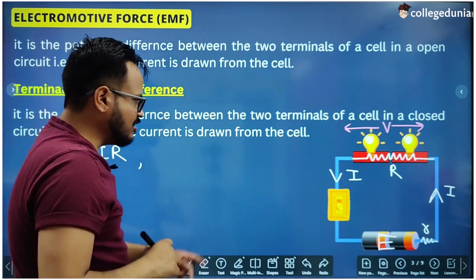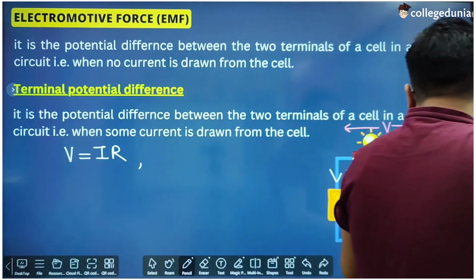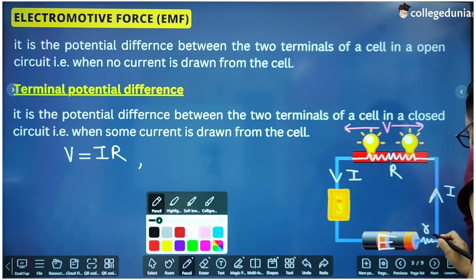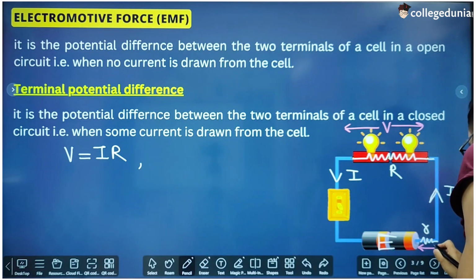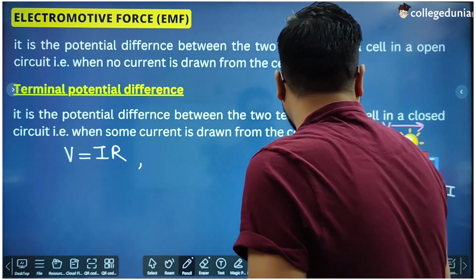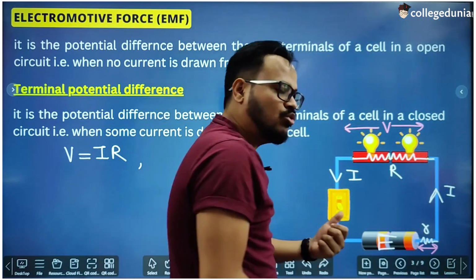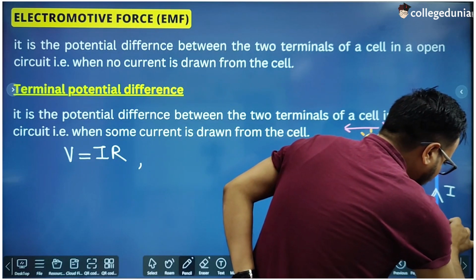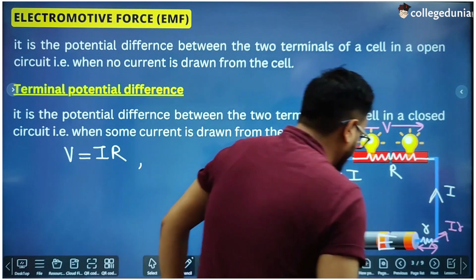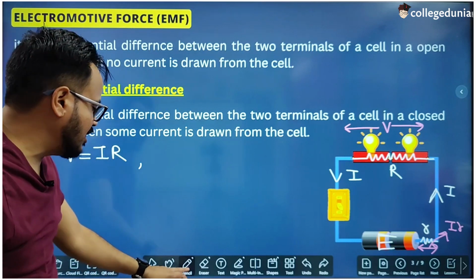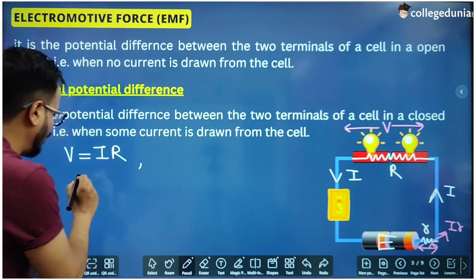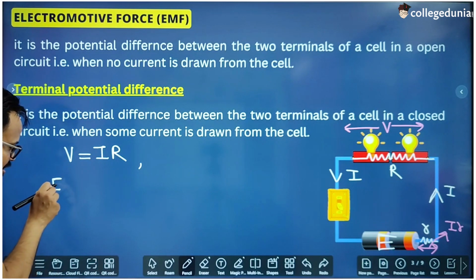If I is the current flowing in the circuit, then the potential drop, the part of the potential used by the cell to overcome its internal resistance, again using Ohm's law, will be I into small r. So the total voltage that is applied is E.